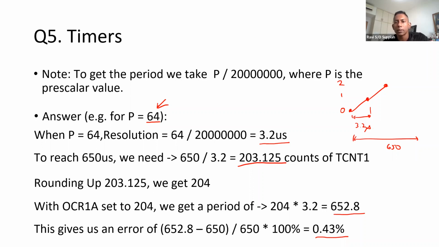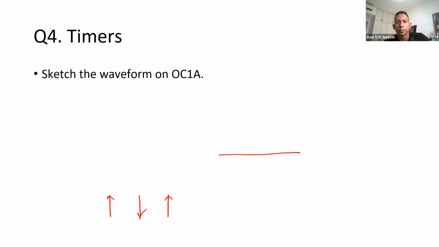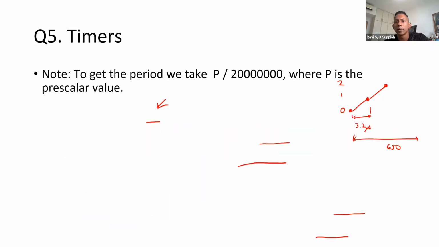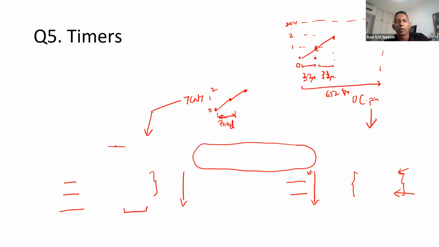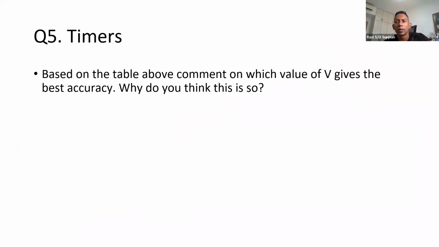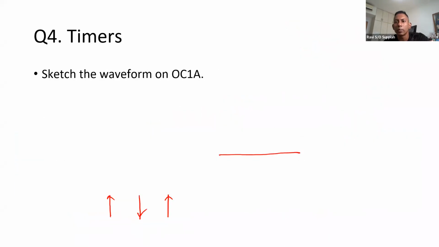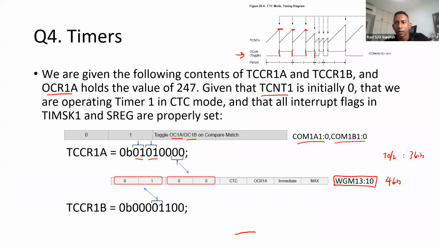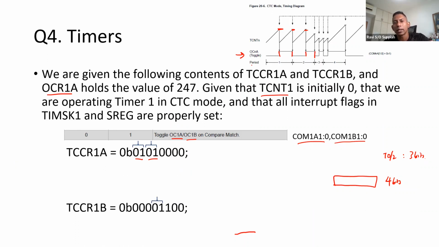Let me go back to that picture. The period is based on the actual period of the OC pin, that is, the period at which the output pin is toggling.